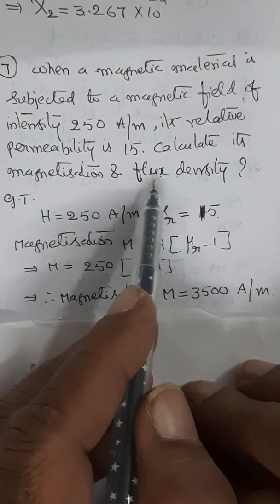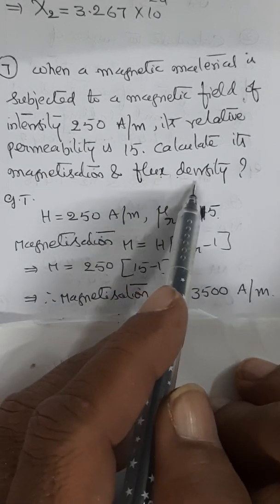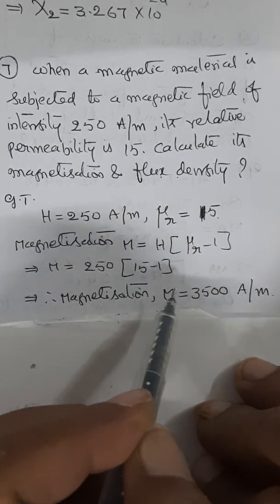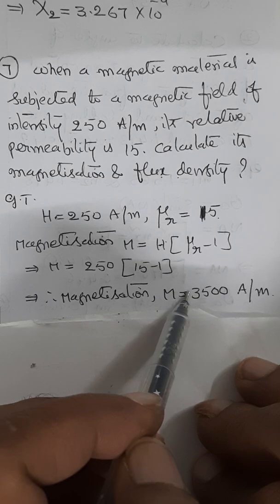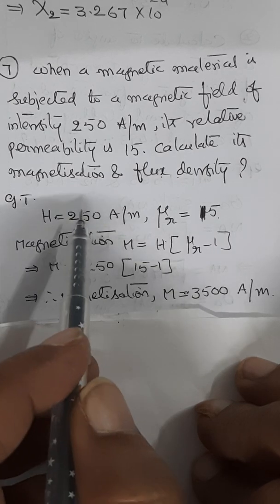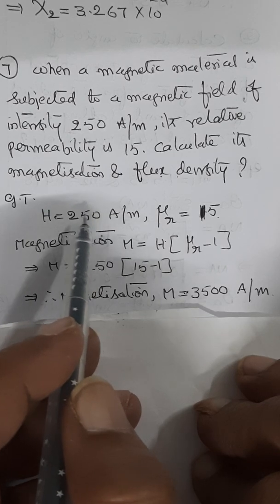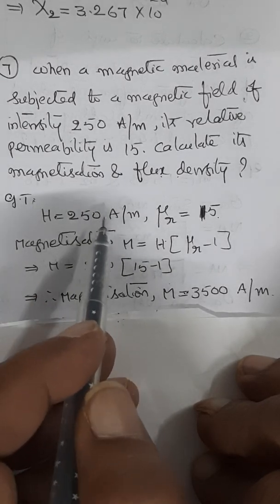What is the second part of the question? Flux density. Flux density means B. B depends on M and H. M is calculated just now. H is given. But when you are calculating B with the help of M and H, another standard value also comes into the picture.